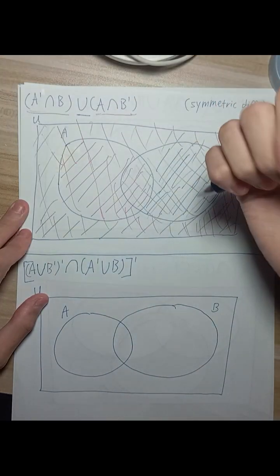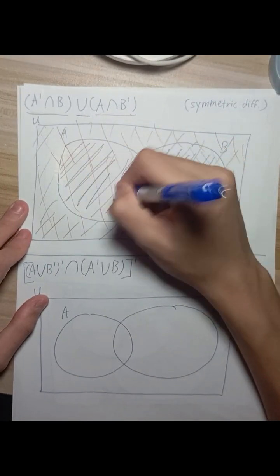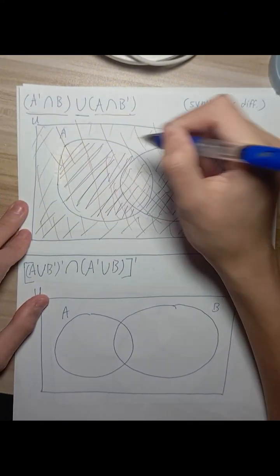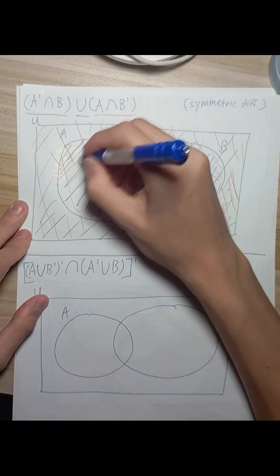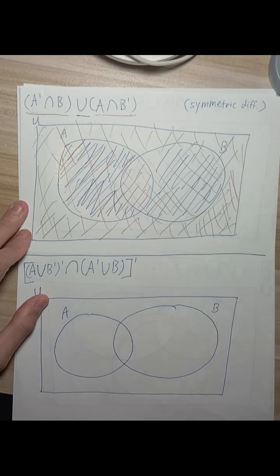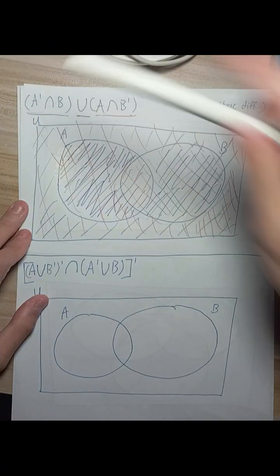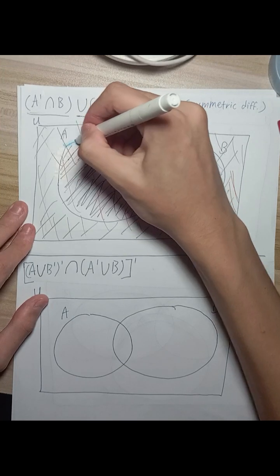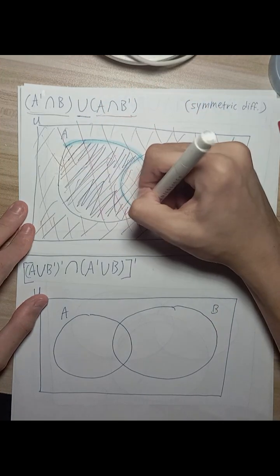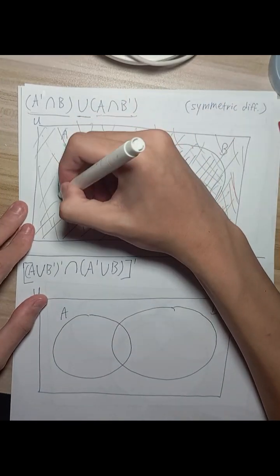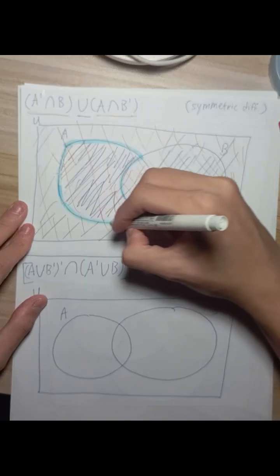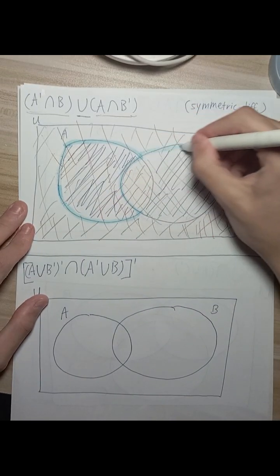So it is this section. So since it's a union, it's just the two added together. So it's this and this.